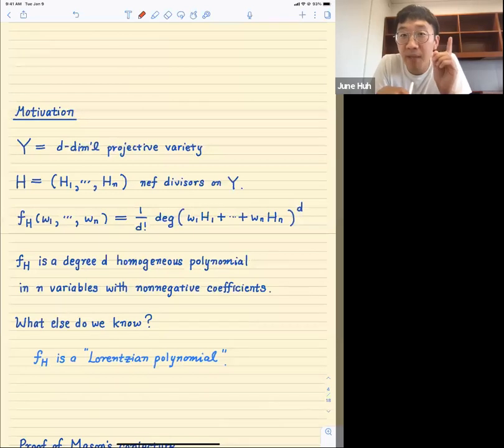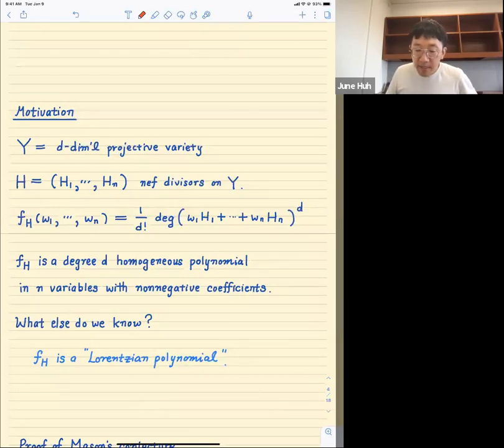By the way, I'm going to be very consistent in my use of the variable N. N was the number of variables in my polynomial, and in the context of Mason's conjecture, it was the number of vectors. In this motivation, it's the number of nef divisors. And D will be the dimension of the projective variety, or the degree of the homogeneous polynomial F that I talked about earlier, or the dimension of the vector space where the vector configuration lives in the context of Mason's conjecture.